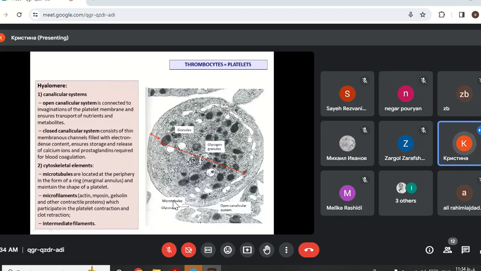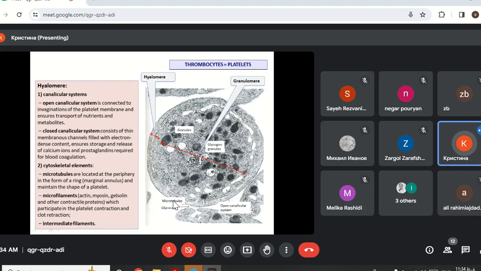The peripheral area here is called hyalomere, and the internal area is called granulomere. Hyalomere includes the so-called canalicular system with small channels, and cytoskeleton elements.